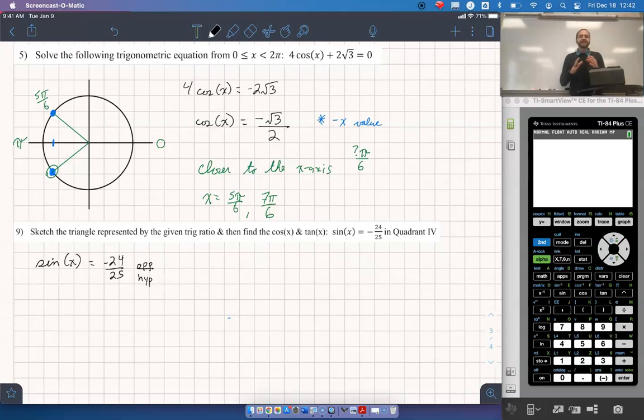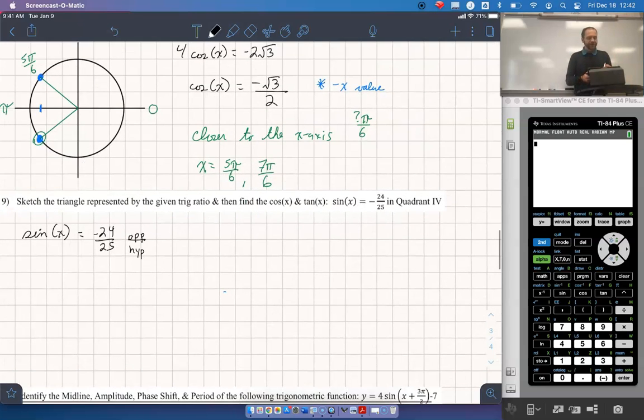Here it's saying sketch a triangle that's represented by this ratio. So in other words, sketch a triangle that has these sides, this opposite side and this hypotenuse. That's what that first part of the sentence is telling you. Then use that triangle to find your cosine and find your tangent. So I'm not finding anything with x. I'm finding ratio of sides. Find the cosine of x and the tangent of x.